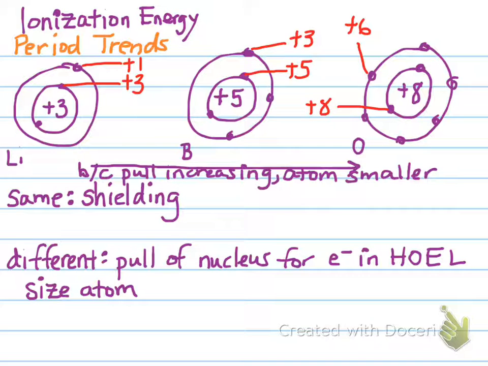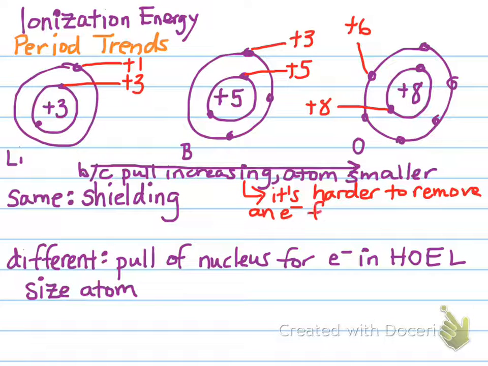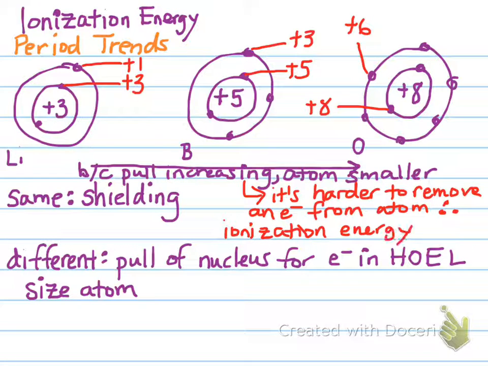So because our pull is increasing, it's harder to remove an electron from the atom. Therefore, our ionization energy increases.